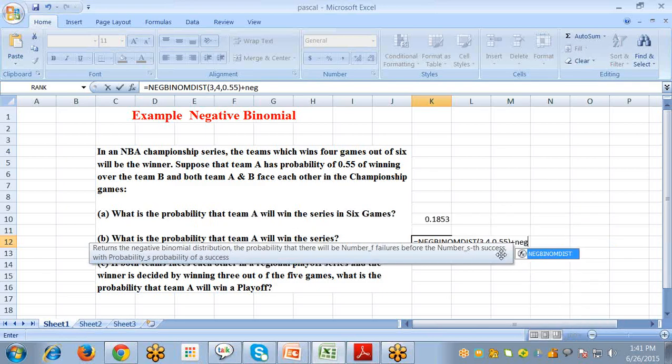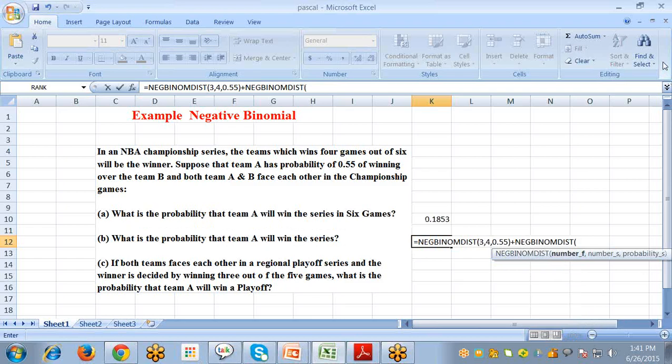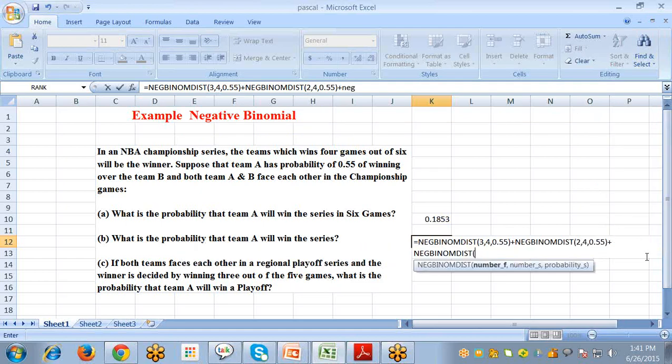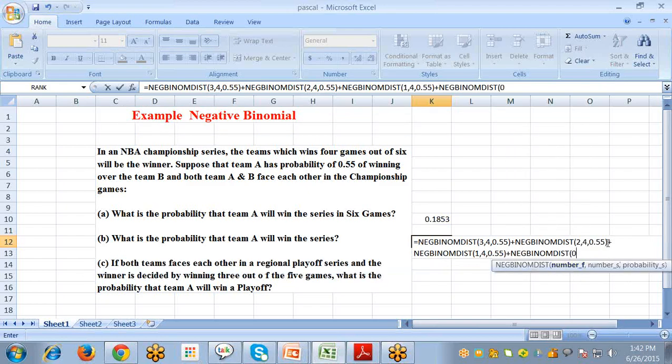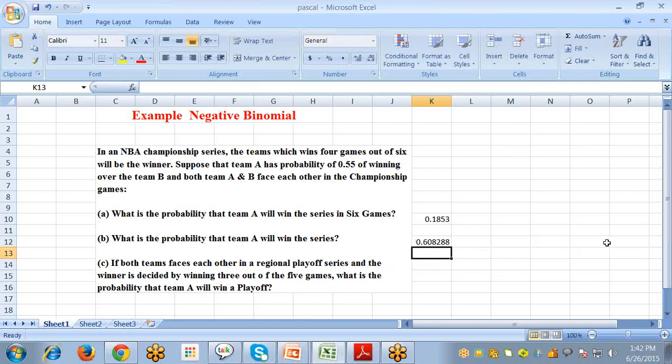Then plus NEGBINOMDIST with 2, 4, 0.55, then plus NEGBINOMDIST with 1, 4, 0.55, and then plus the function with 0, 4, 0.55. Okay, so the probability that team A will win the series is 0.608.